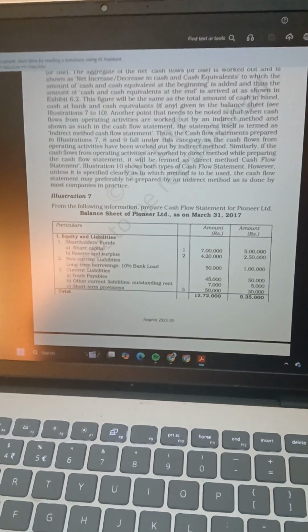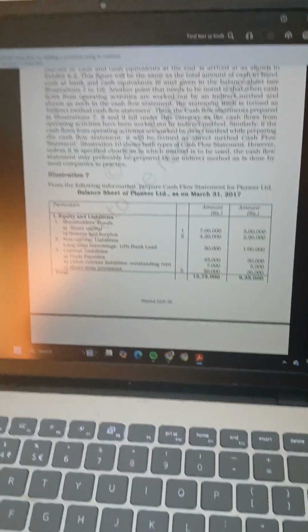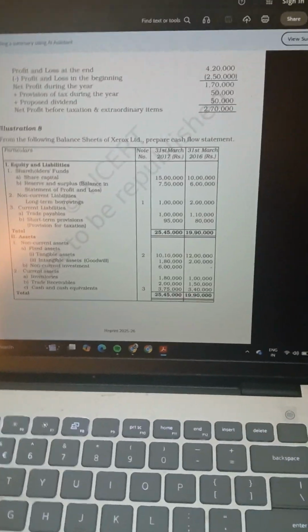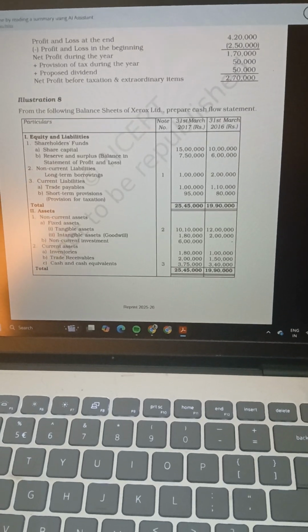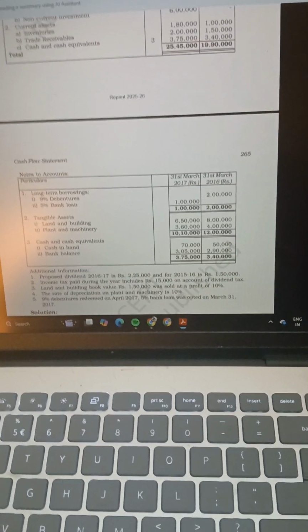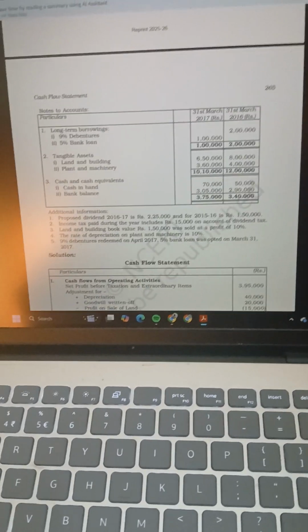Now, we can move on to a problem. Here is the problem. A balance sheet of Xerox Limited is given. We have to prepare the cash flow statement. Some notes to accounts is made, and some additional information is also given.